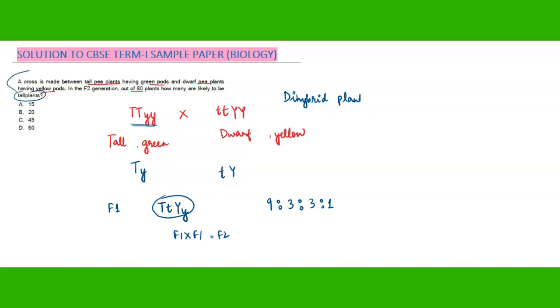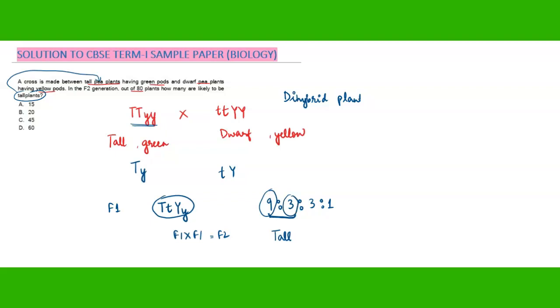And see here, tall is the dominant character, right? So, if you see your NCERT, you will find at these two places where values 9 and 3 are given, the round character was given in your book. 9 were round and yellow and 3 were round and green.